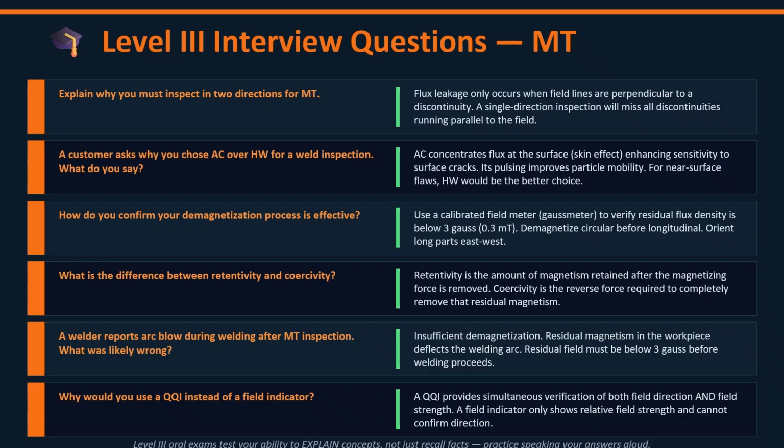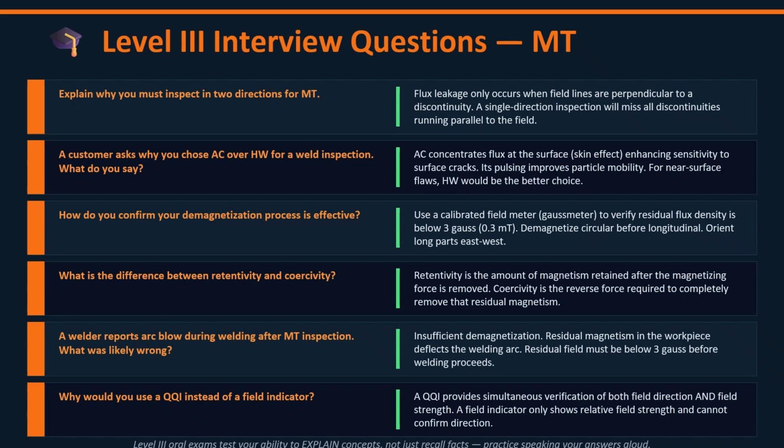If asked how you confirm demagnetization, explain the measurement and acceptance requirement. The training material uses a calibrated field meter and a residual field target below 3 Gauss. Retentivity and coercivity should be explained in plain engineering language. Retentivity is the magnetism remaining after the applied field is removed.